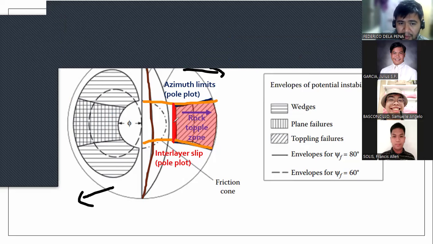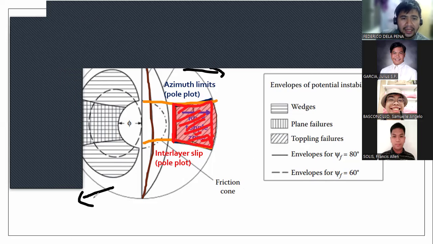Okay. So basically this would be your whole rock toppling zone for pole plot format. Okay. So you can also reproduce this one once you start working with the RockScience Dips. Okay. All right. So so far do you have questions?